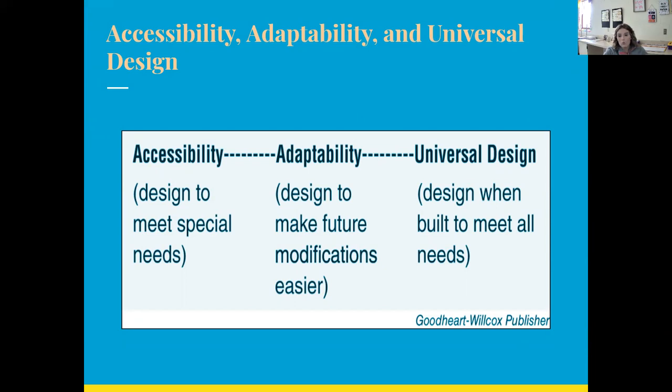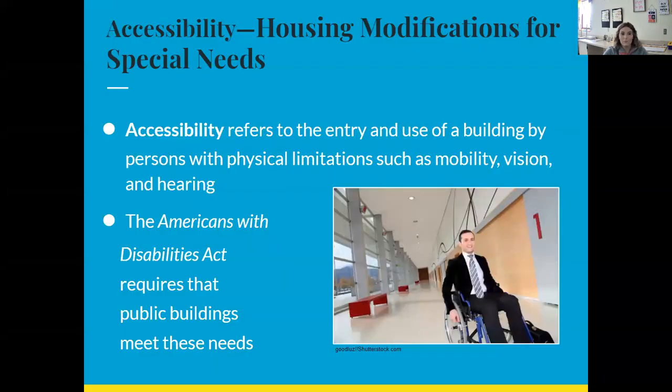So in one of those home tours that we watched, they mentioned that they reinforced their ceiling in case they ever needed to add a lift. They didn't do it yet, but it could be adapted in the future. And then universal design combines both of these things, and up front we are designing to meet anybody's needs so that we don't have to go back and edit the accessibility or the adaptability.